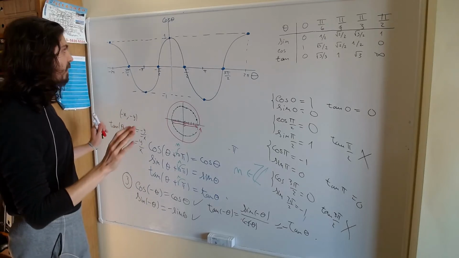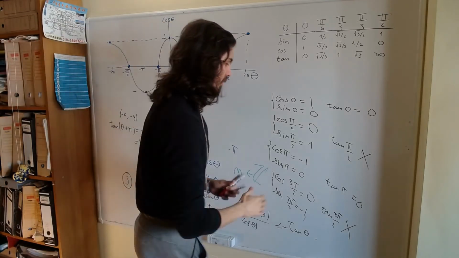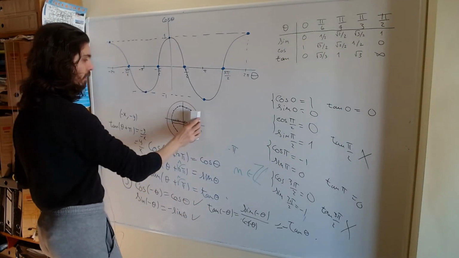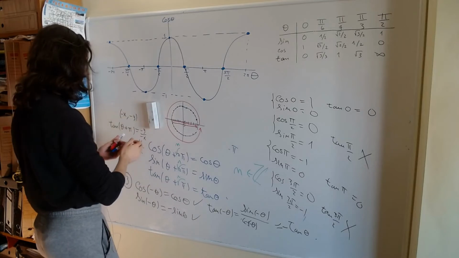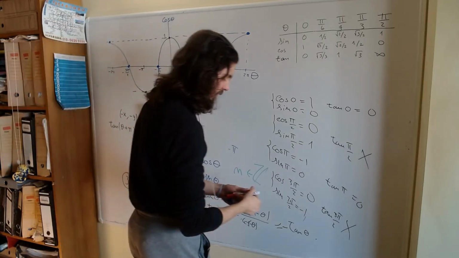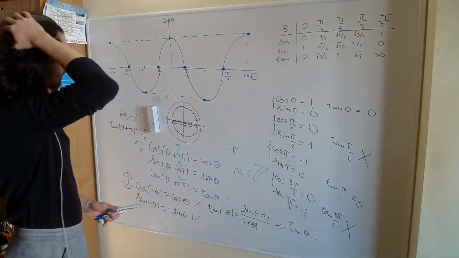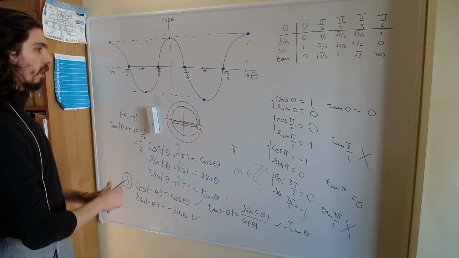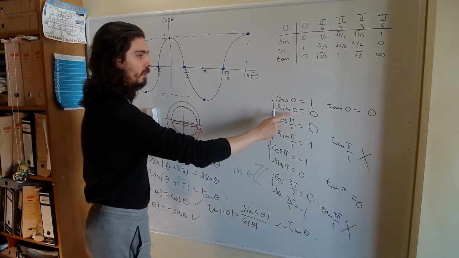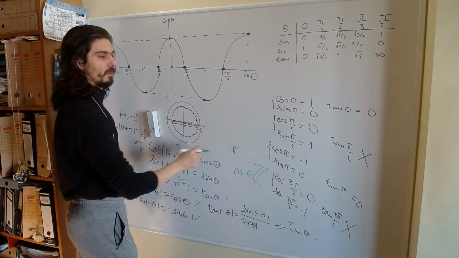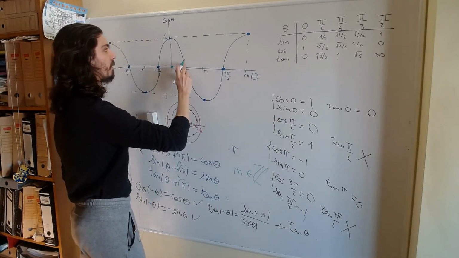Now let's move on to another point of view for the second function. The sine. Let's do the sine in green. Okay, let's mark first the important points. Sine of 0 is 0. Right? Sine of pi over 2 is 1.